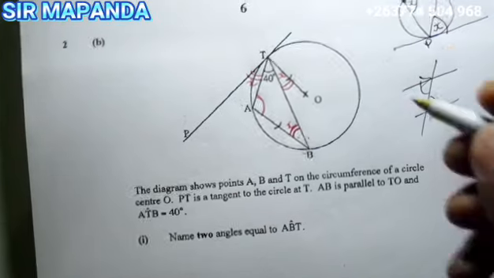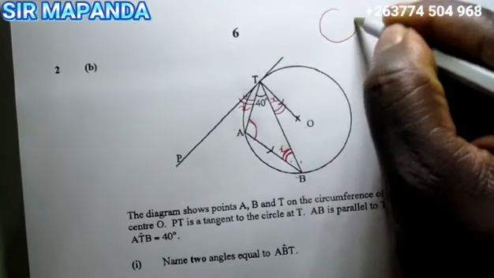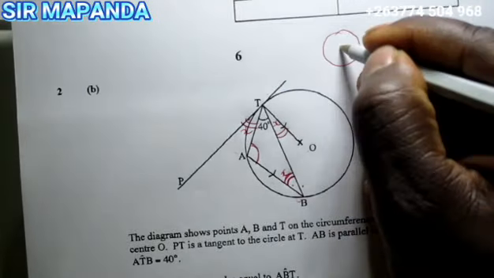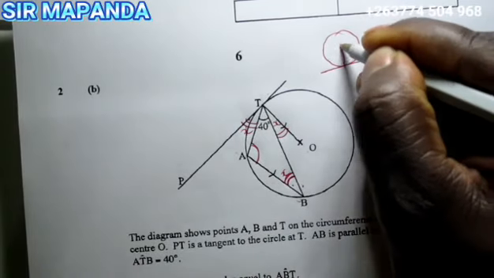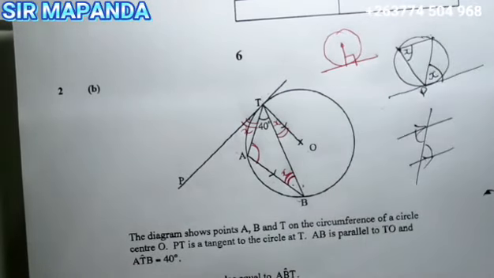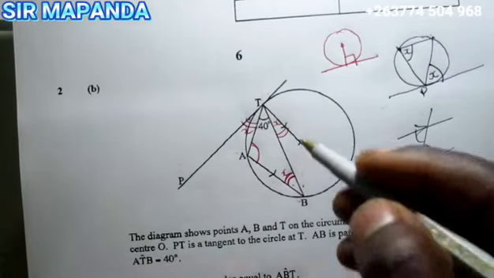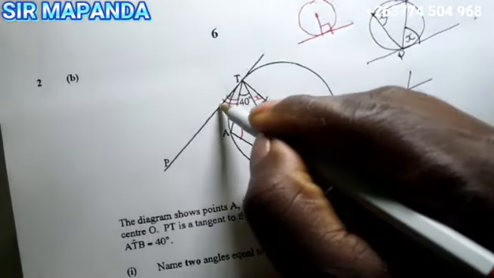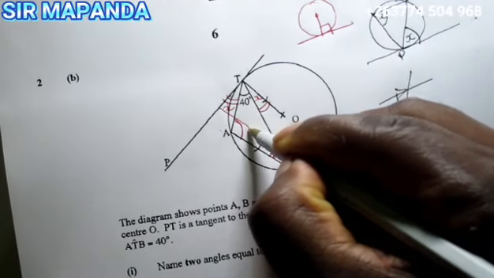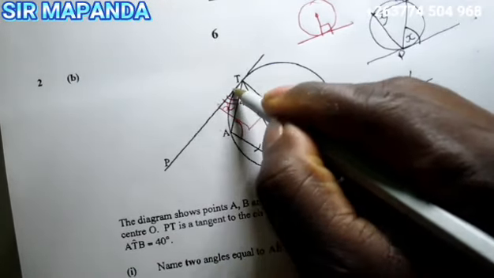After that, there is a theorem. The radius and the tangent form 90 degrees at their point of contact. So it means that this entire angle here is 90 degrees.